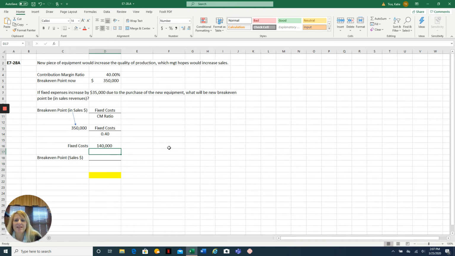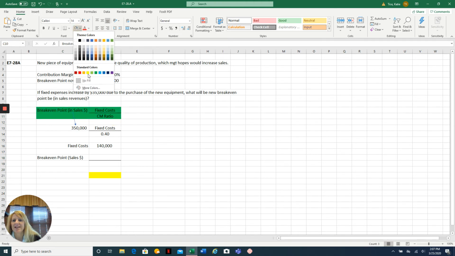Now the problem is actually asking us, if our fixed expenses increase by $35,000, what will the new break-even point be? Well, obviously our formula, we still want to use this formula. Let's put that in yellow.